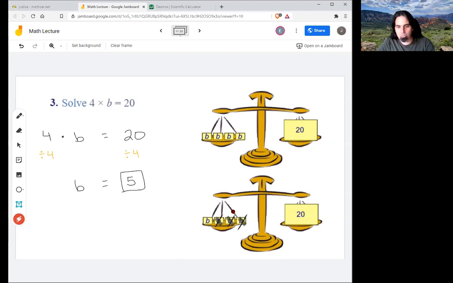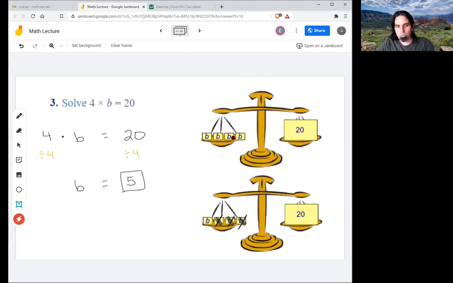Imagine that I pick up these 4 things that are labeled B, and I give one of them to each of 4 different people, right? Dividing by 4 is like passing out cards. And each person gets 1. So there is one person's share of that. Or we talked about how division could be like making piles of the same size.